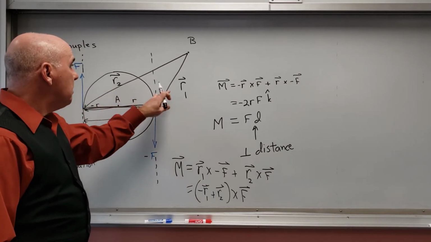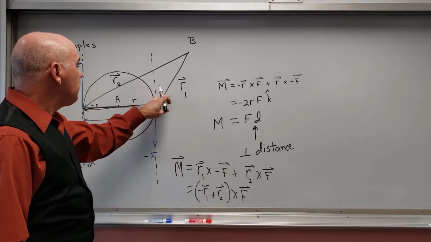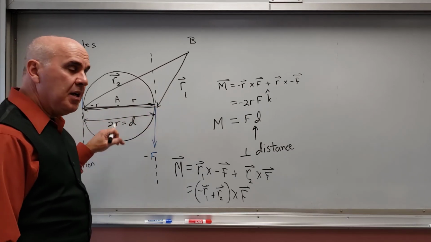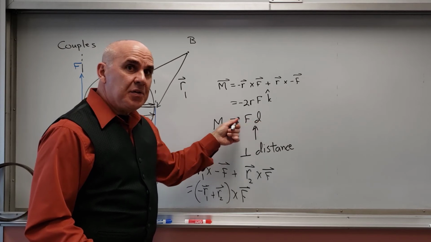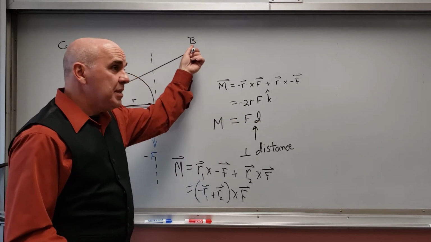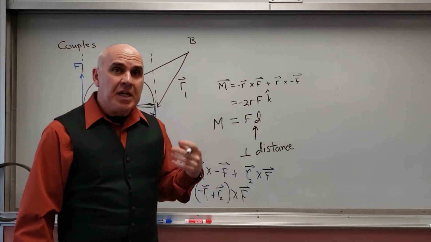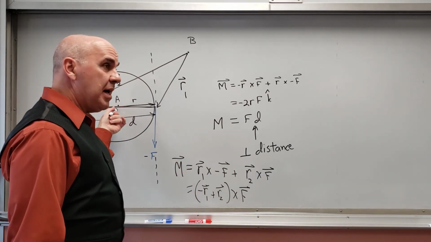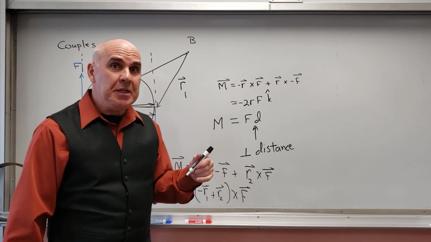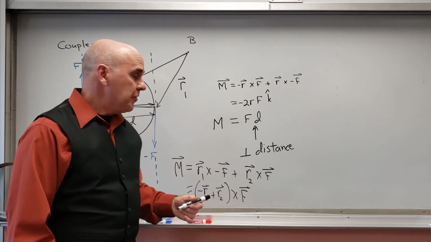The R2 minus R1 is that distance right there. And so that distance is D, so the moment is F times D, even though I'm taking it about a different point. The couple, the moment, is the same whether I'm talking about around A or around B. Okay, it's the same value for the moment.